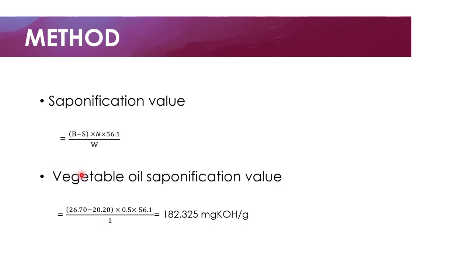From the table, this is the reading for our blank, which is 26.7, and this is for the vegetable oil, times 0.5, which is the normality of the potassium hydroxide, times 56.1, which is the molecular weight of potassium hydroxide, divided by the mass in grams of lipid used for the test analysis. If you do the calculation, we will have a saponification value of 182.325 milligrams of potassium hydroxide per gram for our vegetable oil.